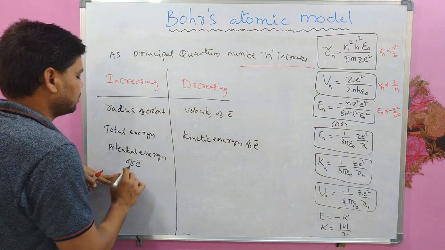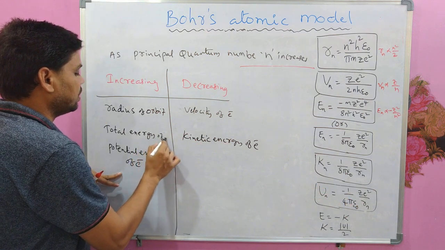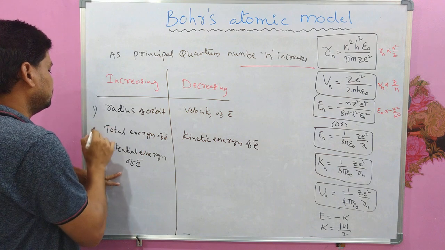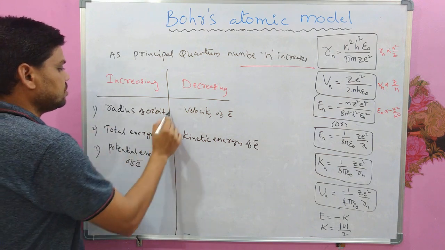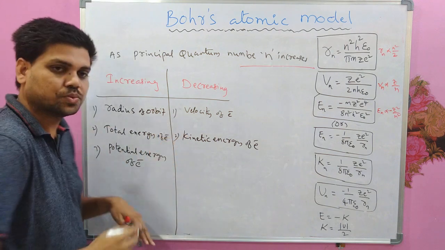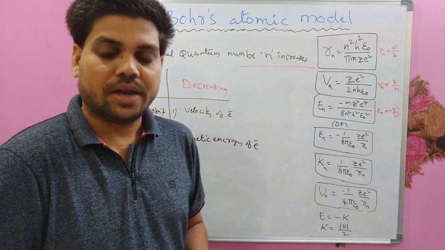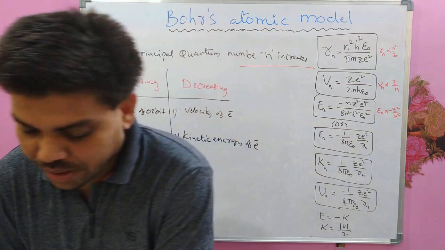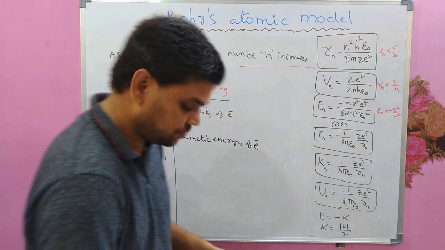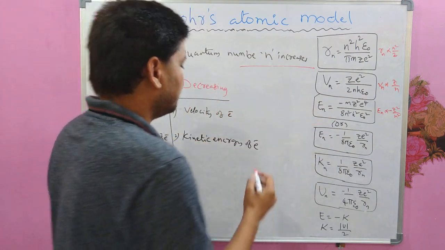So the potential energy of the electron and the total energy of the electron both increase, right?